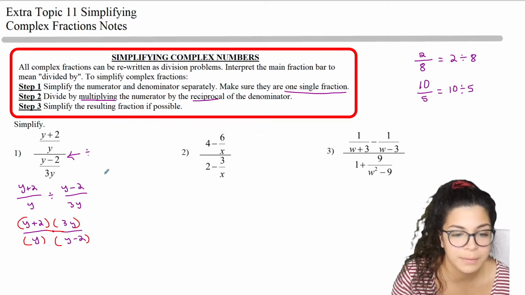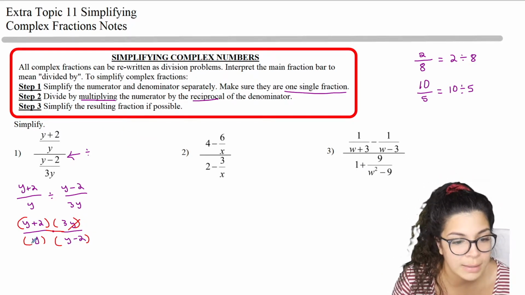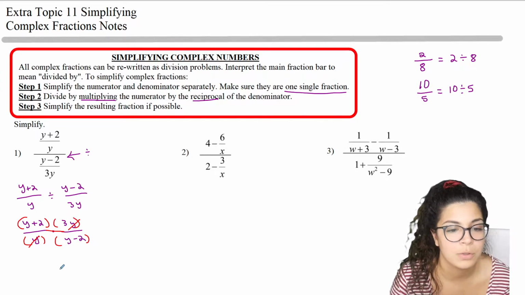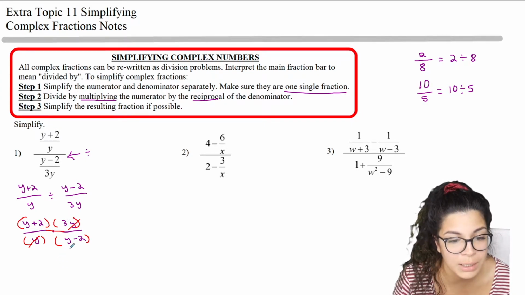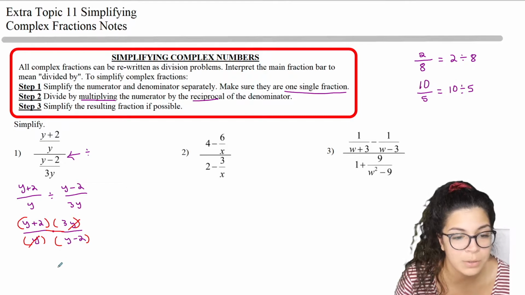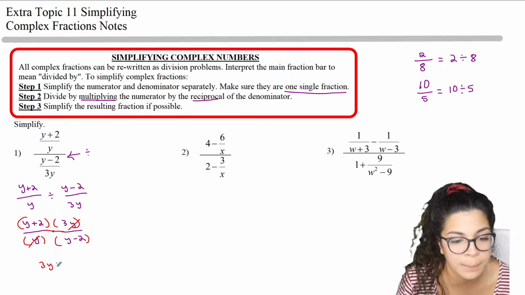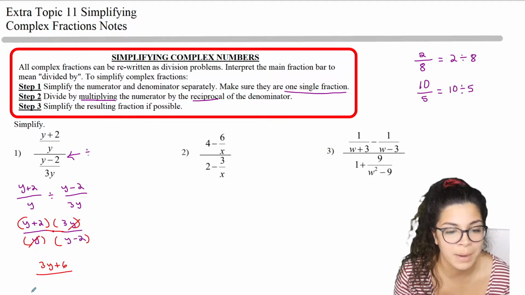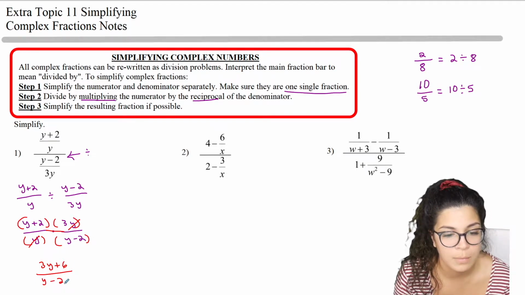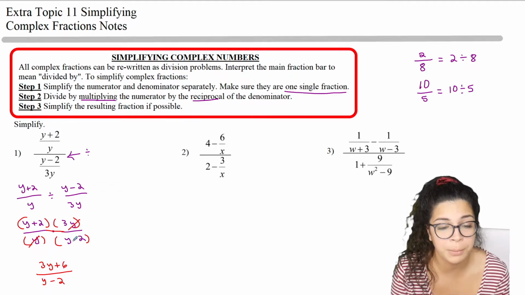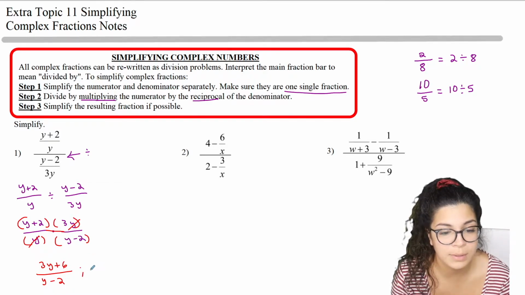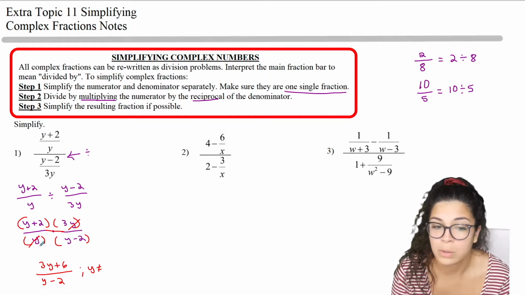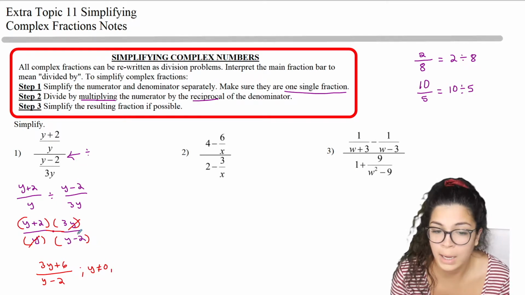We just have to simplify. y would cancel out with y. So we end up with 3 times y plus 2, which would be 3y plus 6, over the denominator y minus 2. And of course, there are variables in the denominator, so we have to state that y cannot equal 0, and it cannot equal 2.